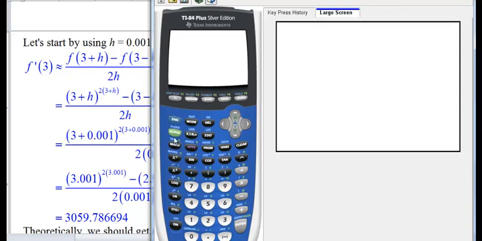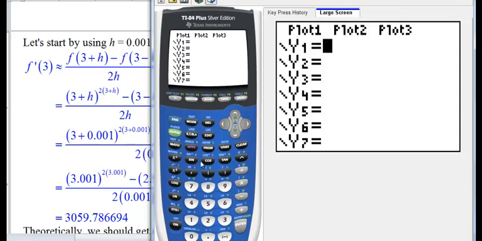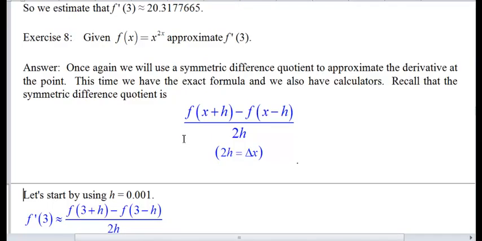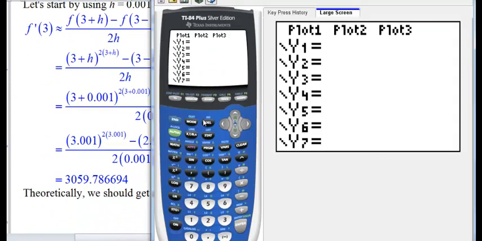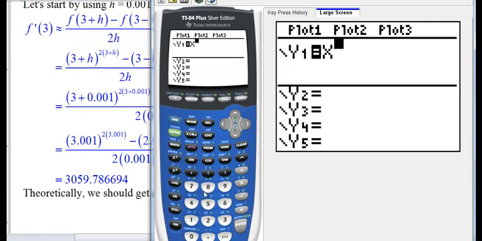So, one thing that we can do is we could enter our formula in y1. Our formula was, what was our formula? X to the power 2x. Okay, so let's put it in there. X to the power, parentheses 2x. Like that.